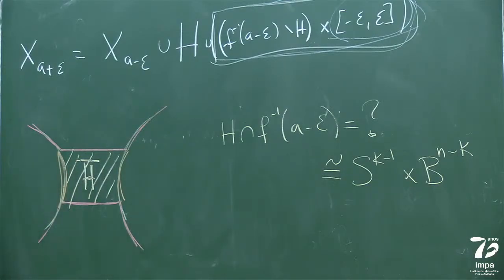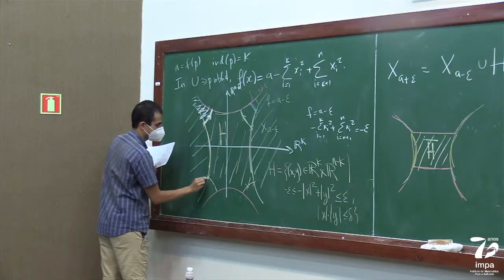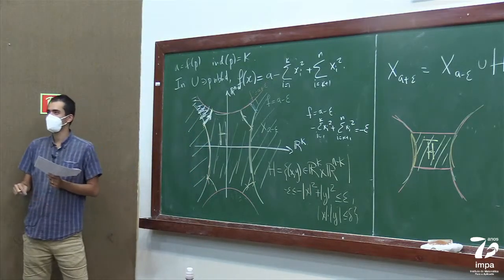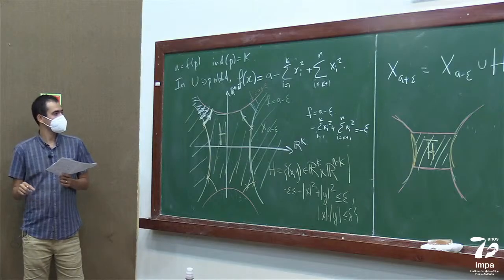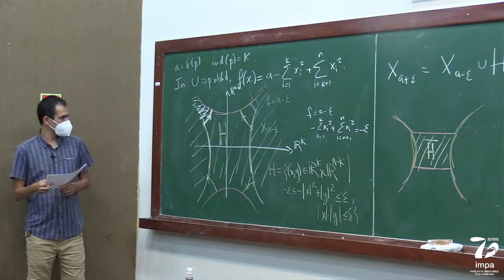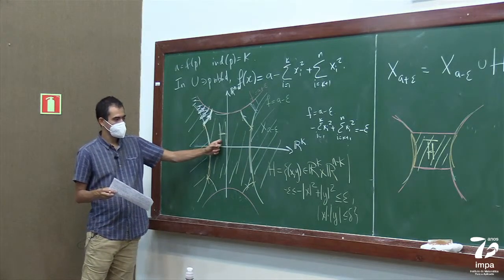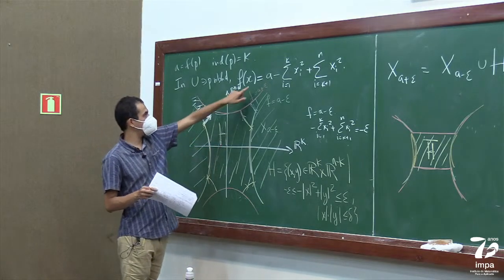So this part here. You see why I needed colors. Otherwise, I'd be drawing white on white. OK, so what is that? I want to be on the boundary of H, and I want to be here at the same time.